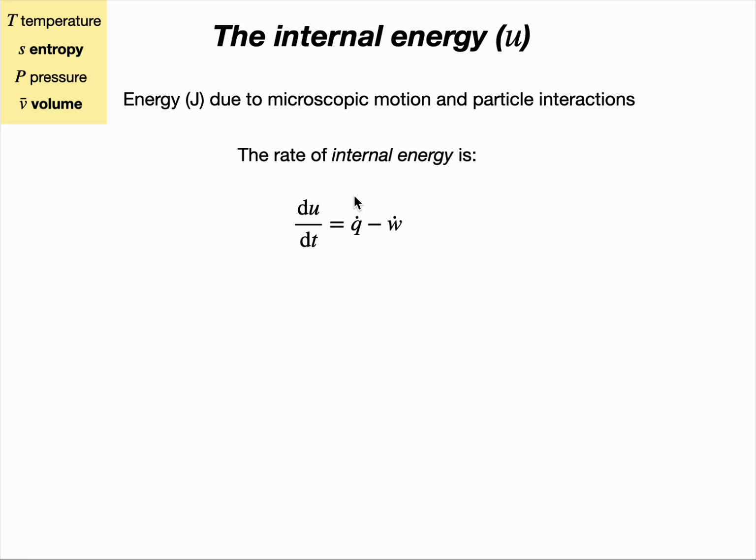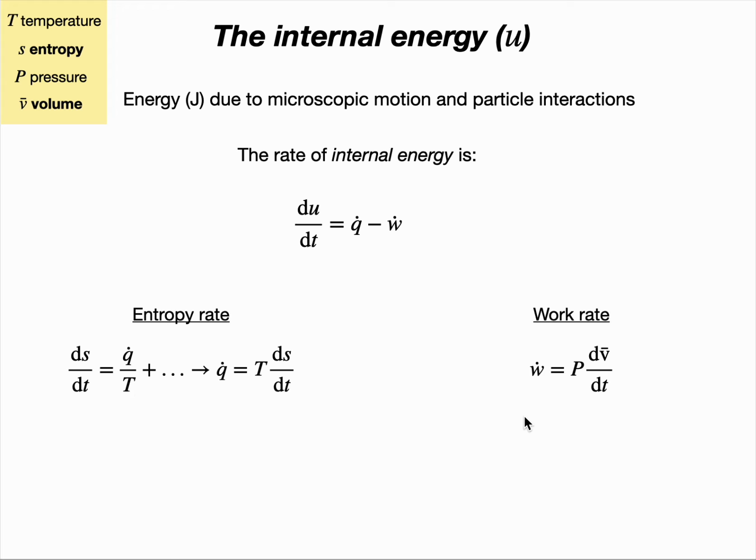This defines the rate of internal energy. Now remember from the entropy, how we define the entropy rate, dS/dt, Q dot divided by T plus net production terms. If we don't have any net production term here, we can formulate Q dot is T dS/dt. So I'm just solving this equation for Q dot.